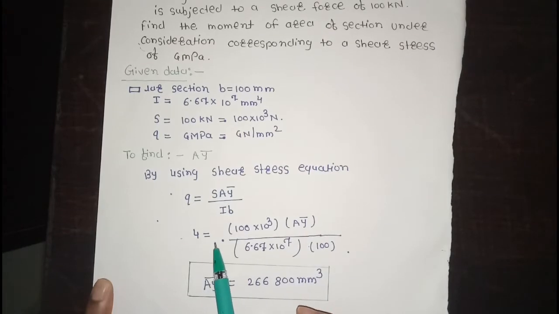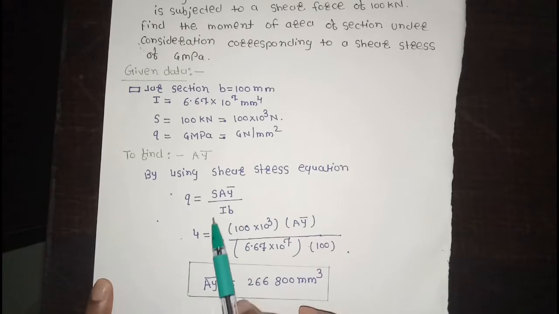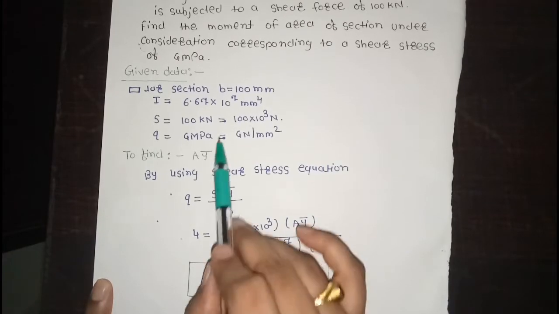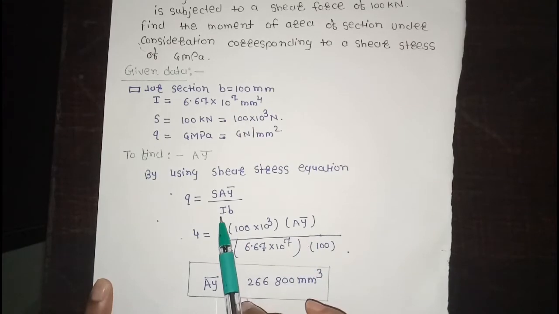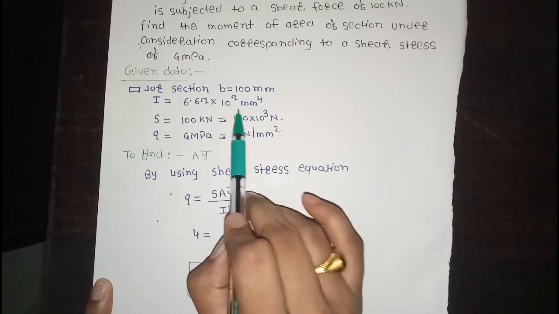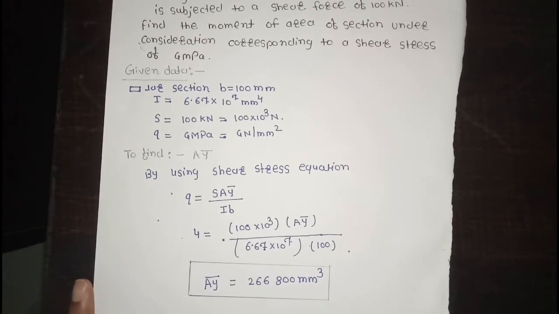So 4 is equal to, putting the values in this equation, S is equal to 100 into 10 cube, I is equal to 6.67 into 10 to the power 7, B is 100. So A y bar is equal to 266,800 mm cube.